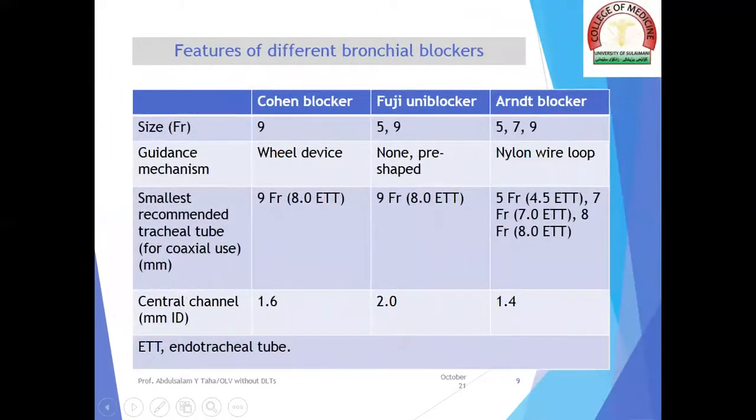Now this table compares the different types of modern bronchial blockers in regard to their size, the guidance mechanism, the smallest recommended tracheal tube for axial use in millimeters, and the central channel internal diameter in millimeters.